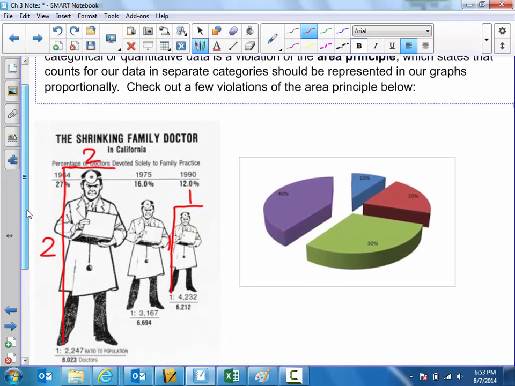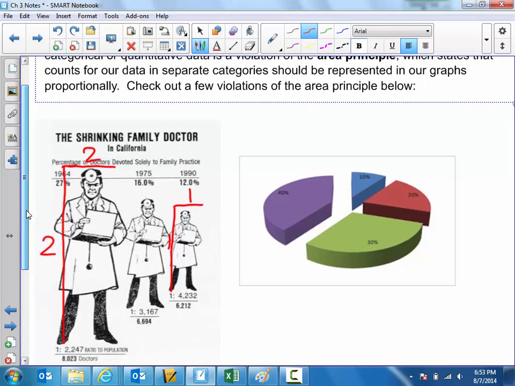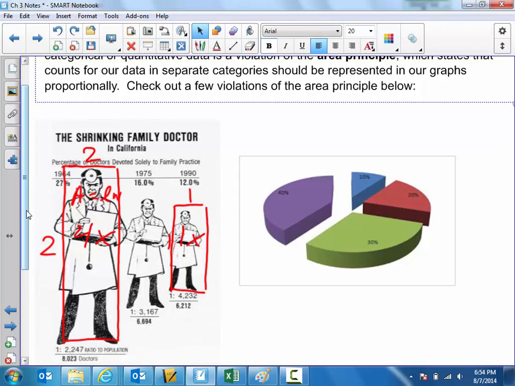So the area principle is being violated because the percent of doctors in 64 looks to be much greater than it is. Knowing that the area formula for a rectangle is A equals L times W, you've got an area that's about 4 times as big over here as you do over here, right?